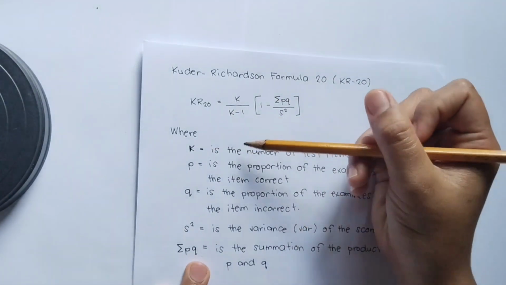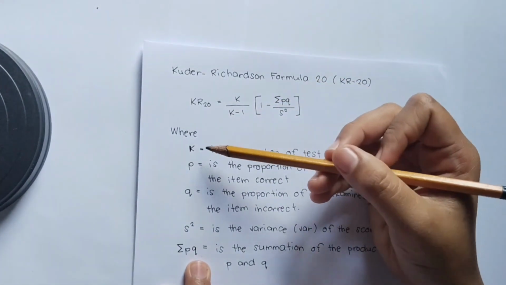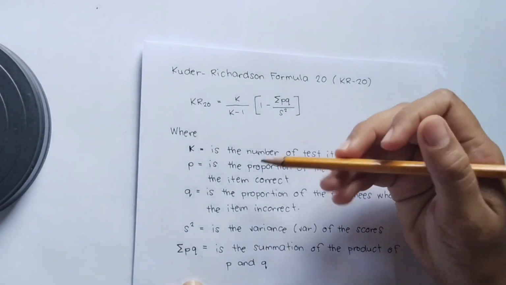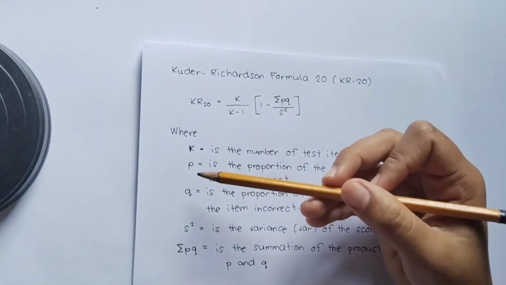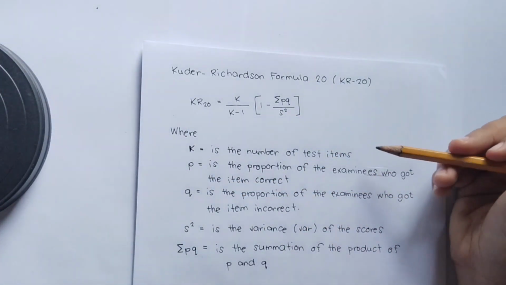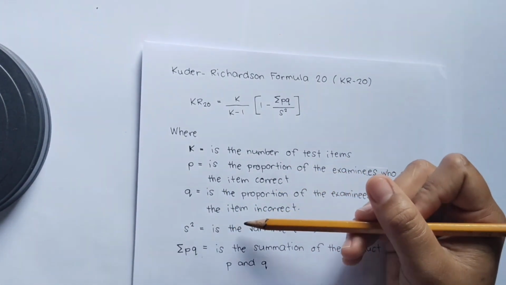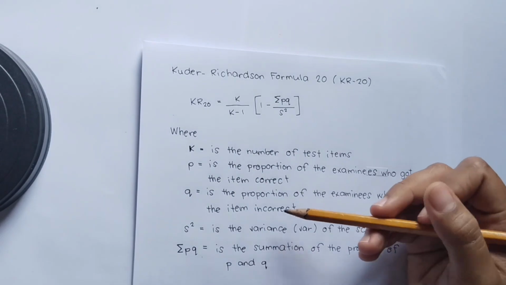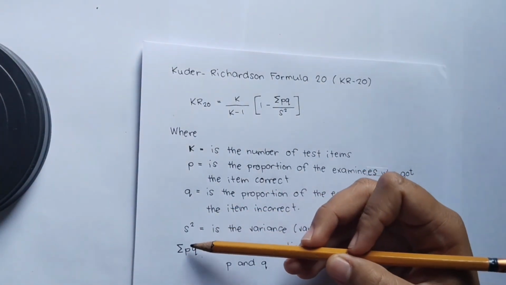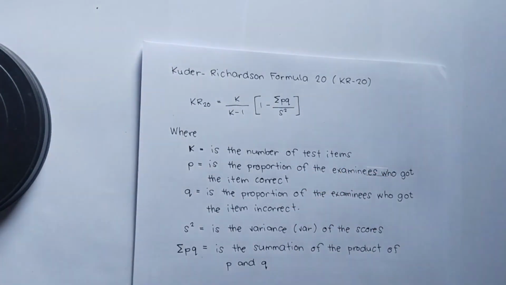So, where K is the number of the test items, P refers to the proportion of the examinees who got the item correct. Q naman refers to the proportion of the examinees who got the item incorrect. S squared is equals to the variation or the variance of the scores. Then, summation of PQ is the summation of the product of the P and Q.